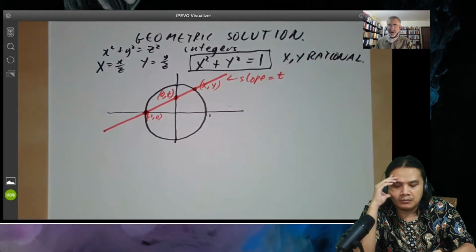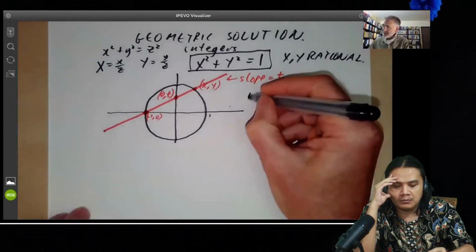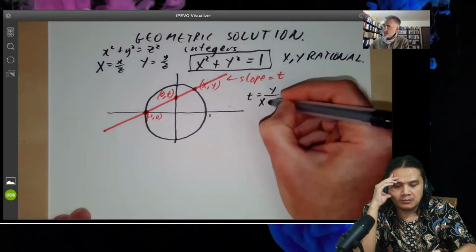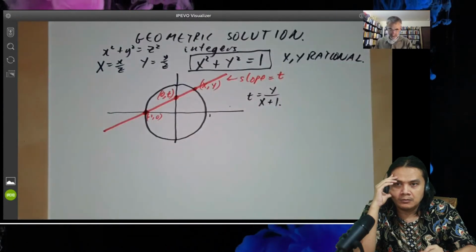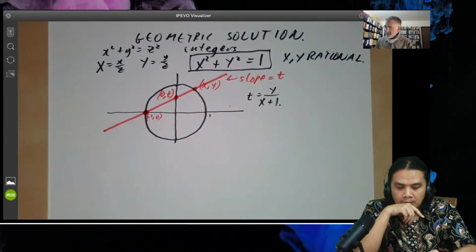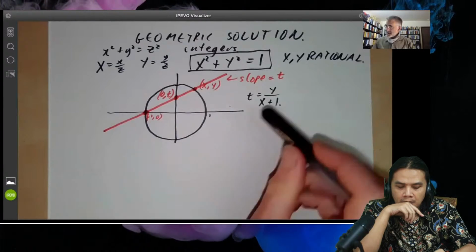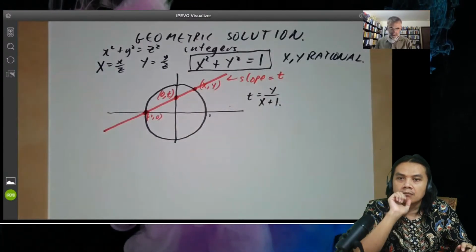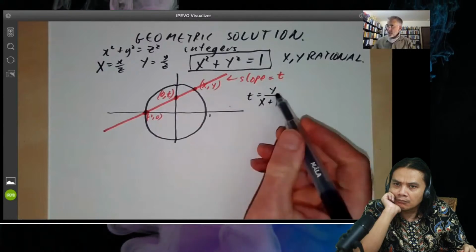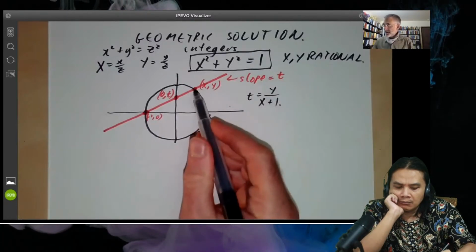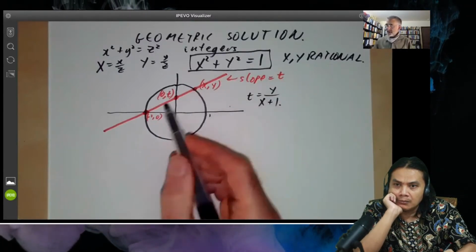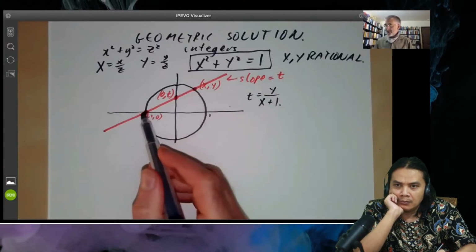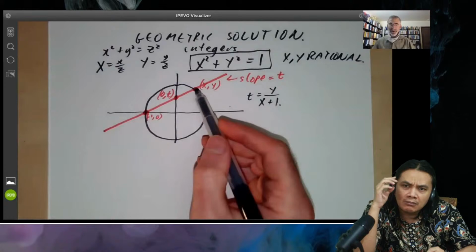And we can calculate t. We see that t is just y over (x plus 1). And conversely, if we're given x and y, we can construct a rational number t, and conversely, given t, we can find x and y, and these will be got by solving some quadratic equation, and we know one of the roots of the equation is rational, so the other root must also be rational.